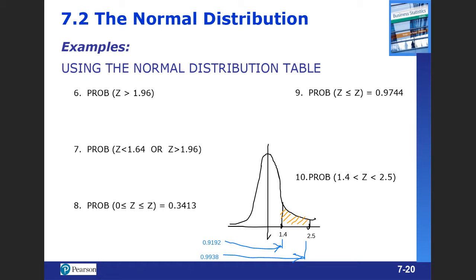So again, in the next class, we will be using Excel and we'll do a full-blown word problem where we transform X into Z. Now that you understand where these numbers are coming from and how to read the table, it's going to make more sense.